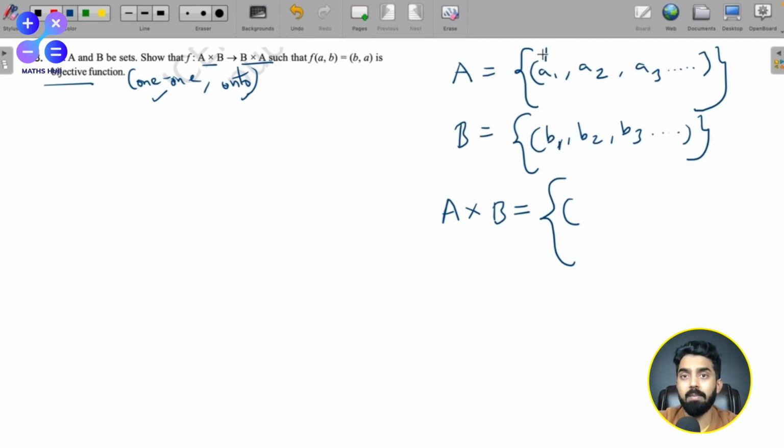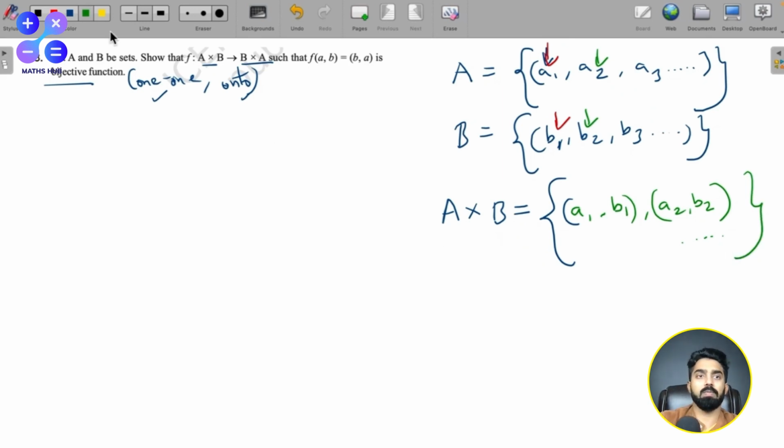So the first element of set A and the first element of set B will be together. So that will be A1 comma B1. That will be the first element. And then you will have the second element of set A and the second element of set B together, A2 comma B2, and so on, right? So you will keep having ordered pairs like that, and that's what the set A cross B would be.